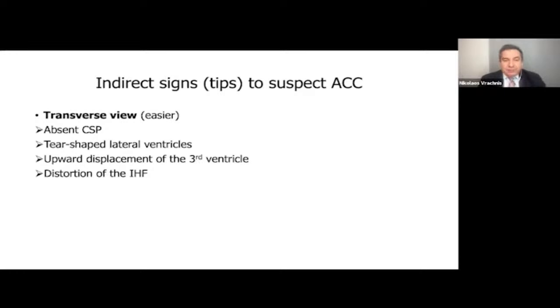There may be an upward displacement of the third ventricle because of the anomaly and the absence of CSP. This has been displaced upwards to the brain structure. Or maybe a distortion of this continuance that I showed earlier of the intrahemispheric fissure.